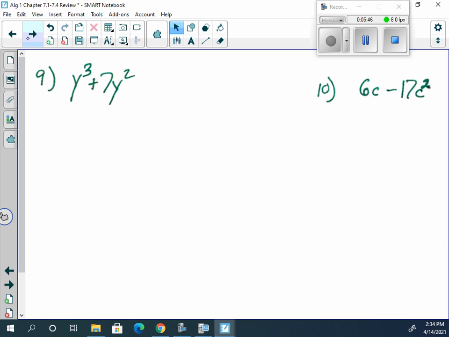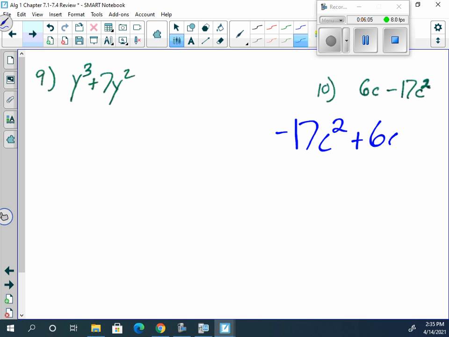So which variable has the biggest exponent? It would be the negative 17c squared. So we would put it first to write it in standard form. And our other term would be plus 6c. Because now it's in standard form, yes?